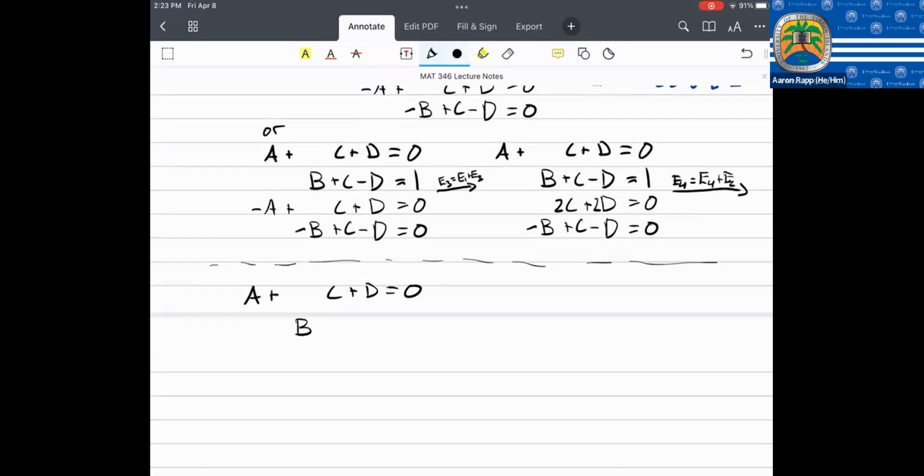It's going to have a B plus C minus D is equal to 1. I now have a 2C plus 2D is equal to 0. And those B's are going to cancel out. So B plus a negative B gives me a 0. C plus C is a 2C. And negative D plus a negative D gives me a negative 2D. And a 1 plus 0 gives me 1.